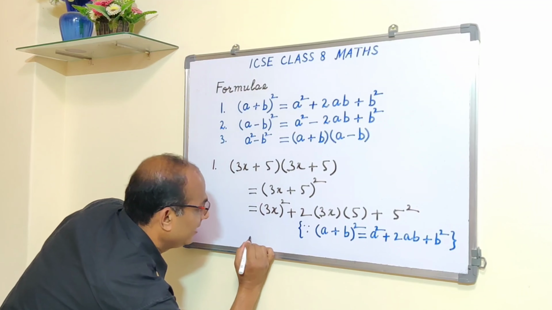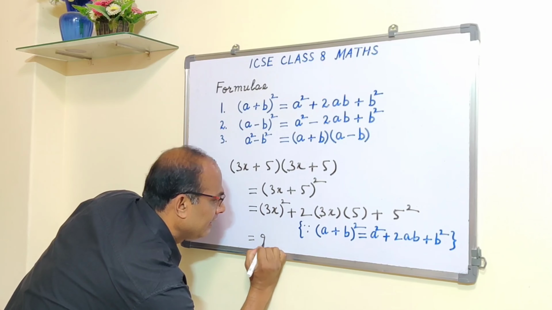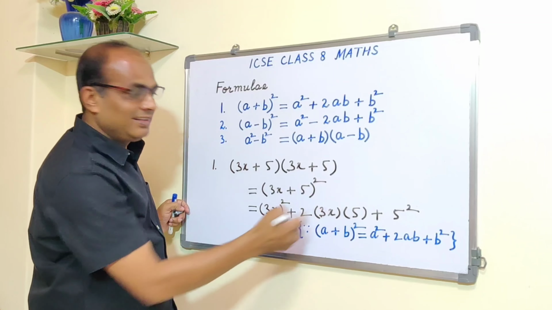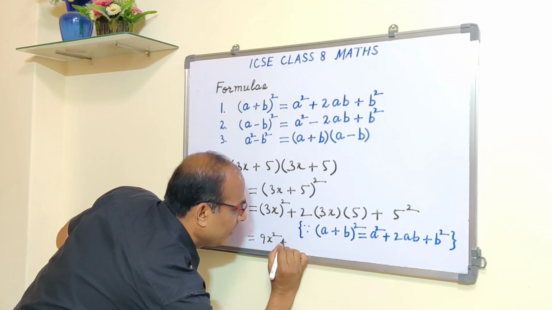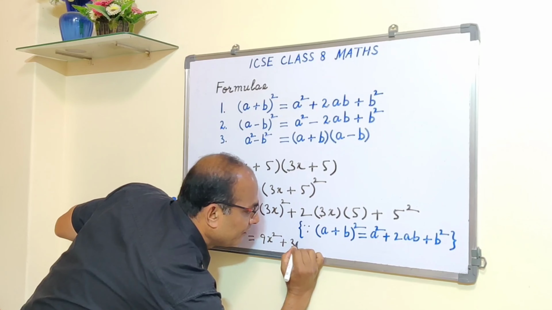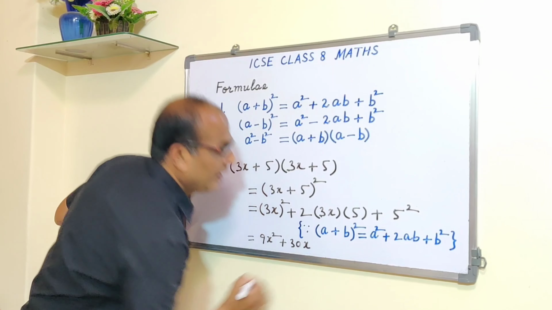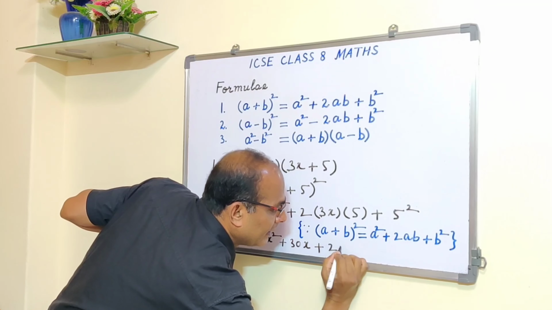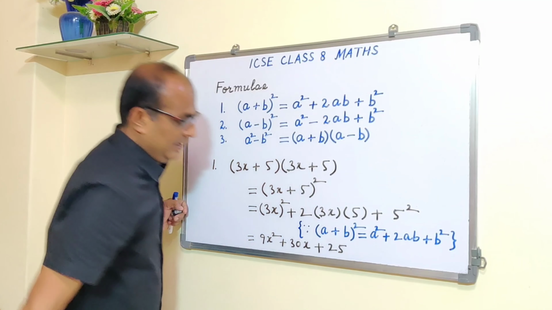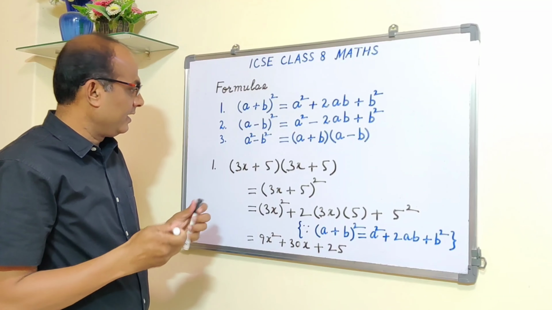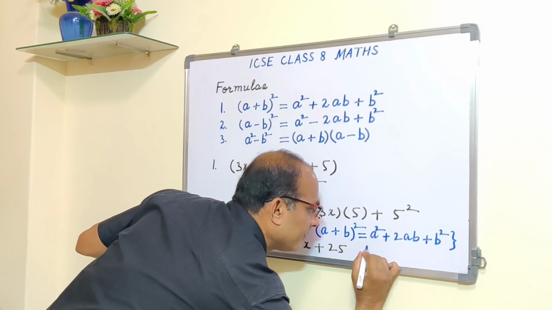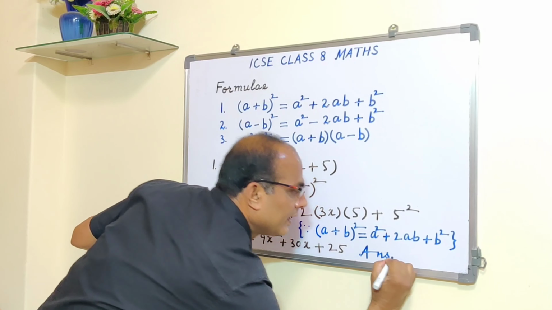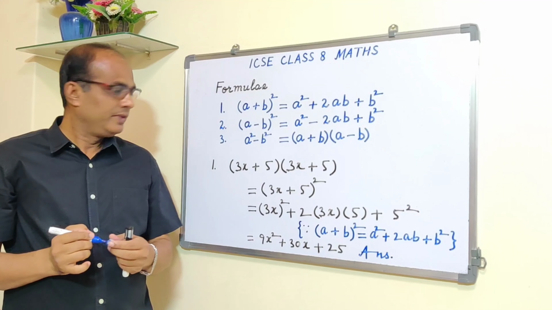So 3 square is 9, so we can write down 9x square, then 2 3s are 6, 6 5s are 30, so plus 30x, and plus 25. Alright, and this is the answer.